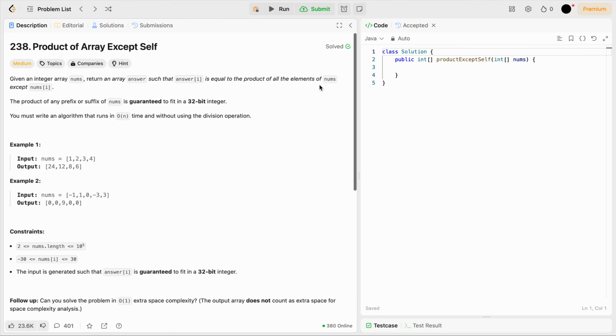So let's solve this one. It should be a very easy problem.